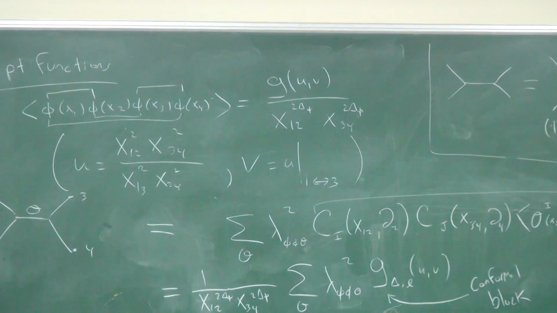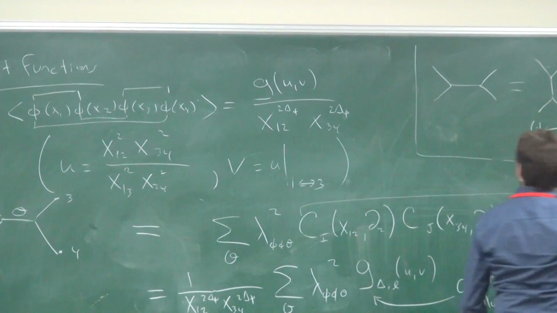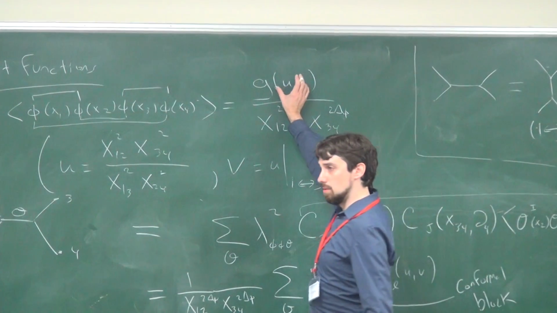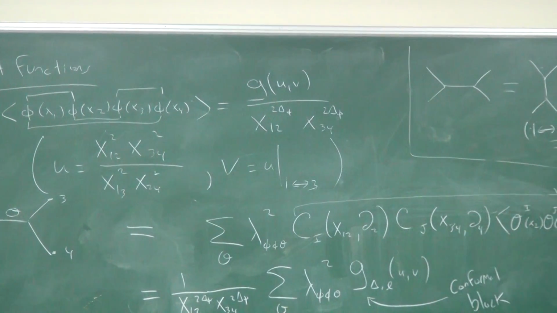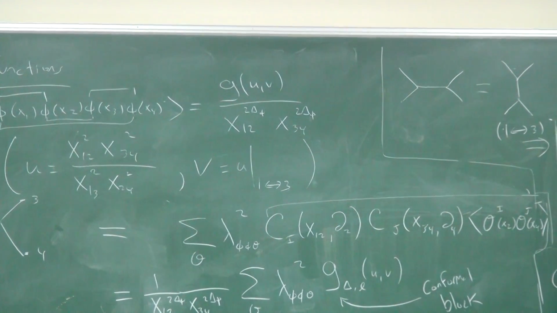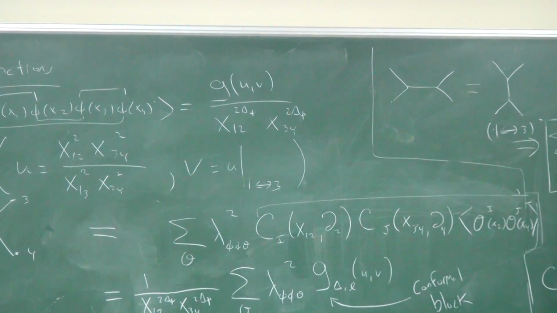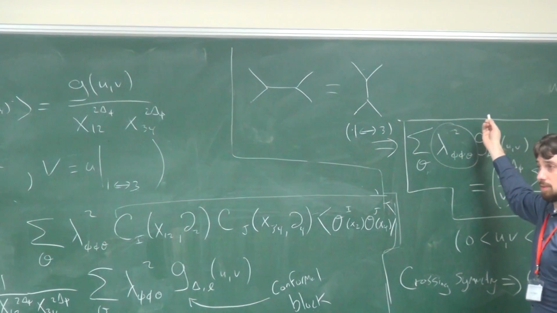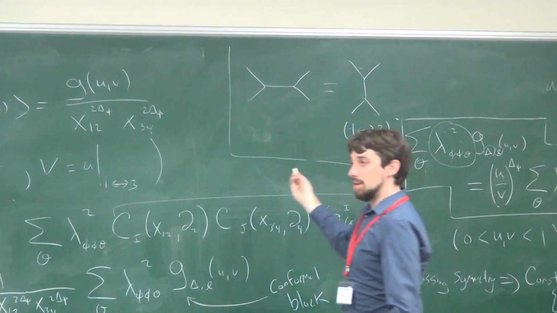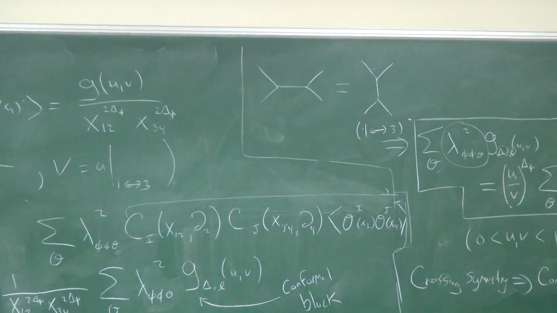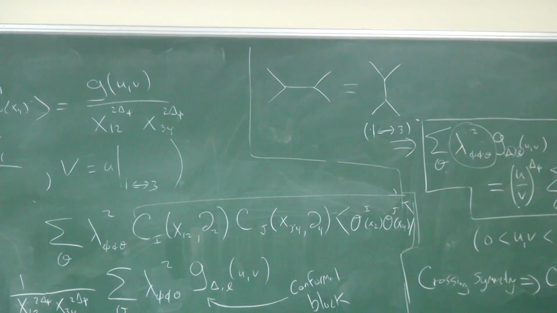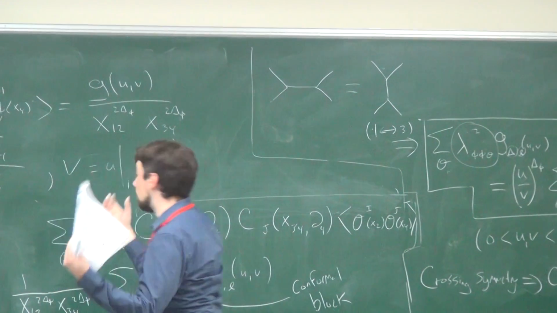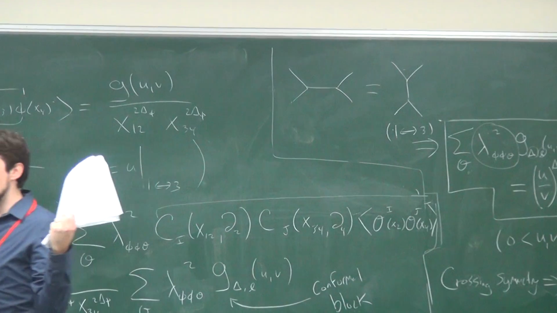The more non-trivial thing is that when you take your function of u and v and expand it in conformal blocks, you need to see that all of the coefficients of the conformal blocks are positive. Here, if we're in a unitary conformal field theory, we can work in a basis of Hermitian operators where all of the 3-point function coefficients are real numbers.